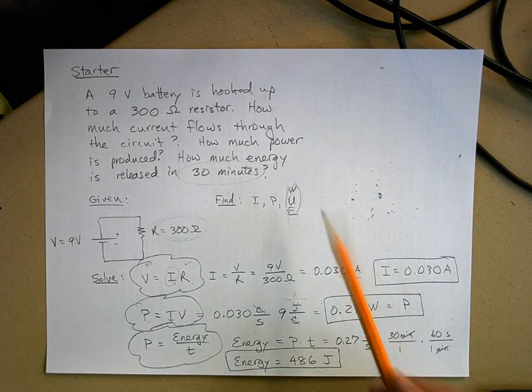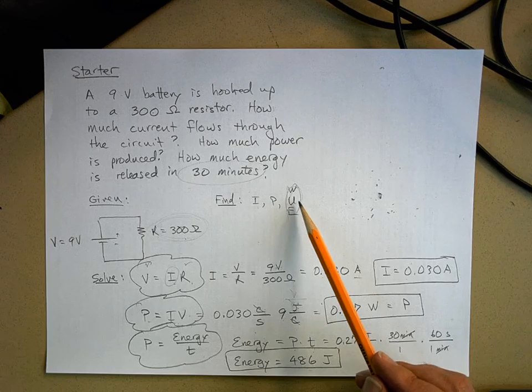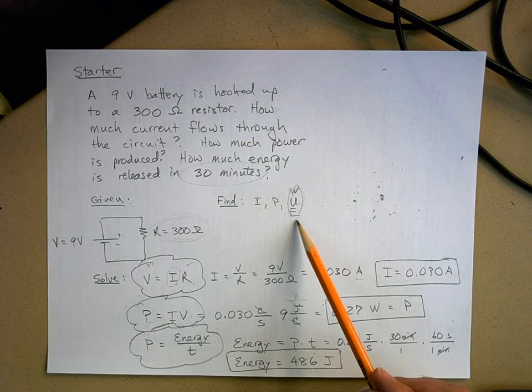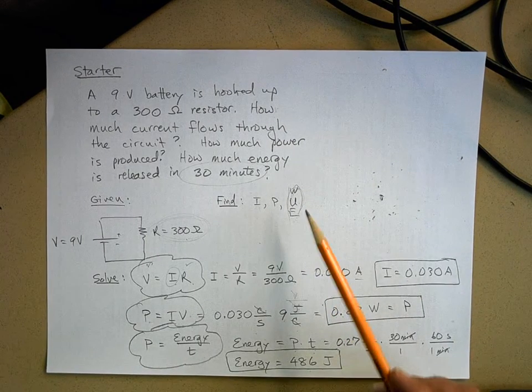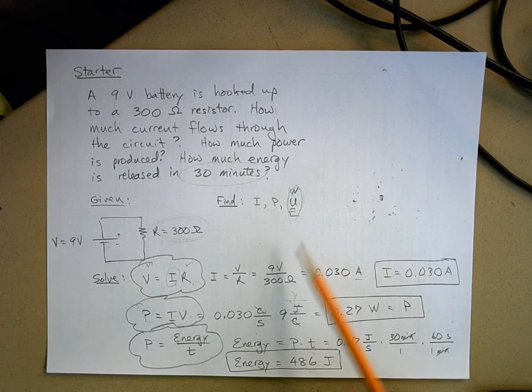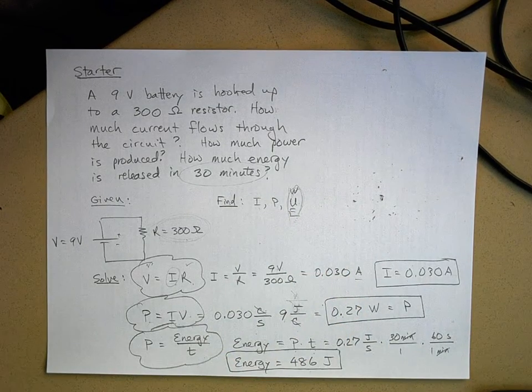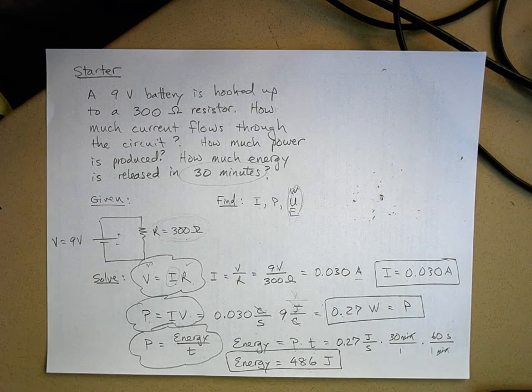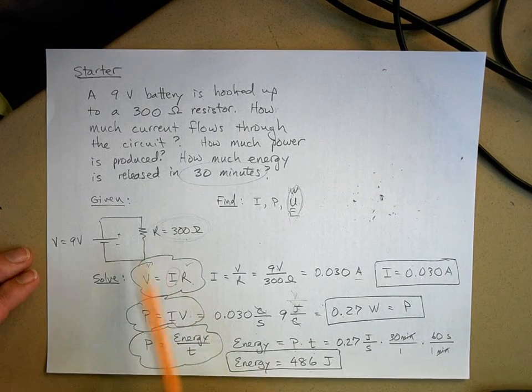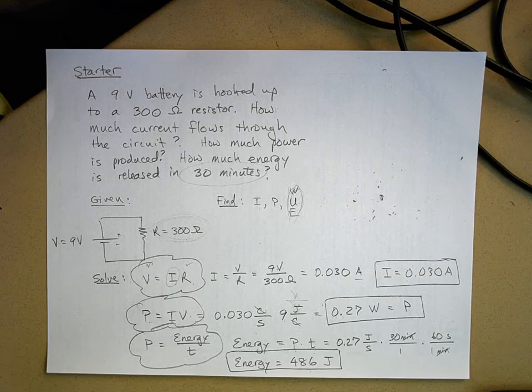You can call it work, potential energy, sometimes just E for energy, that's usually used for mechanical energy. So I just wrote out the word energy because hopefully that'll make more sense. It's really chemical potential energy that is getting dispersed as heat and light and work by whatever that resistive element is. Okay, and there you go.